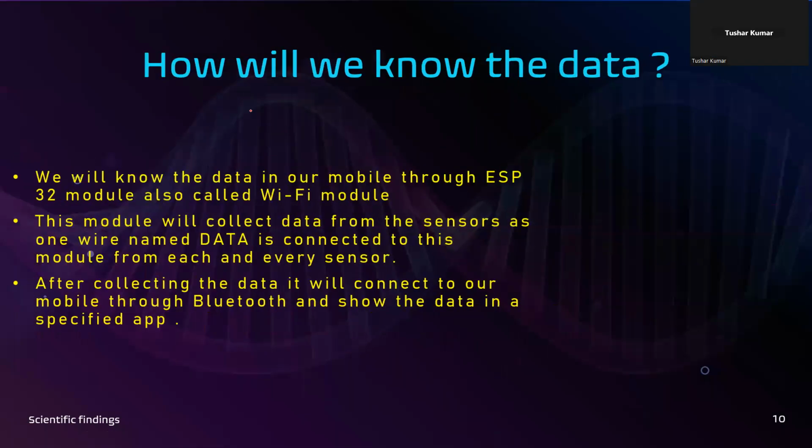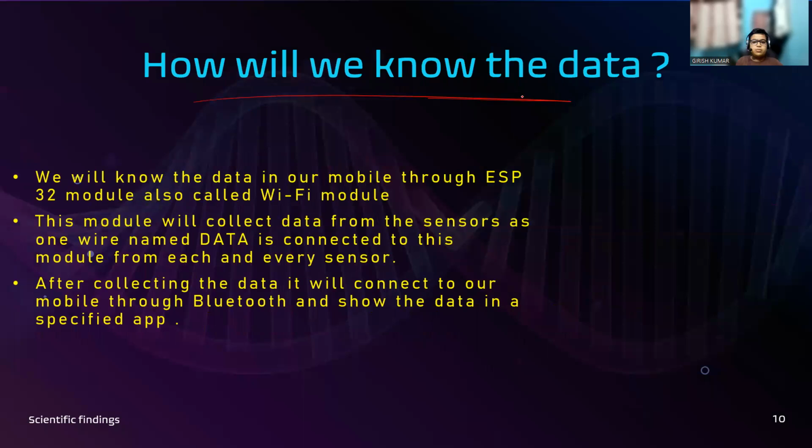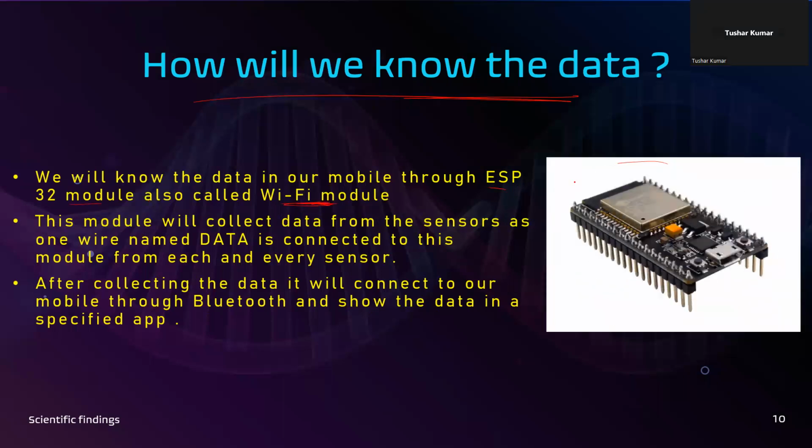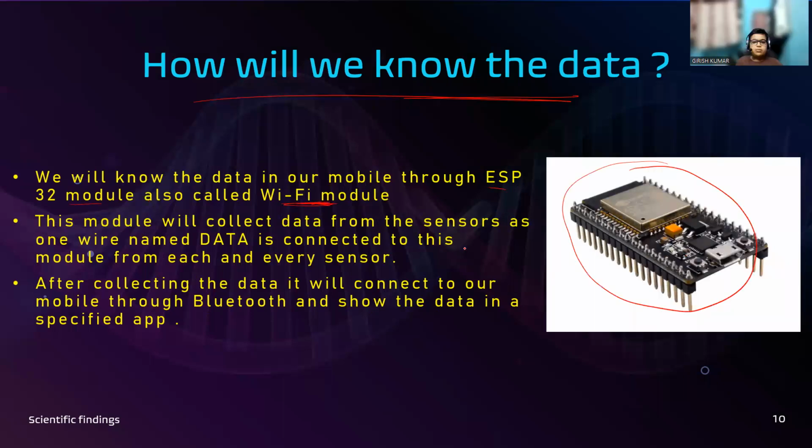Now the last question is, how will we know the data collected by the satellite? We will see this data on our mobile through a module named the ESP32 module, also called the Wi-Fi module. It looks like this.